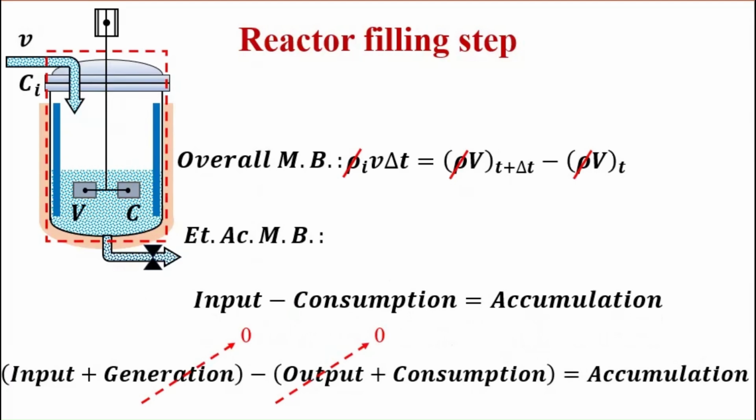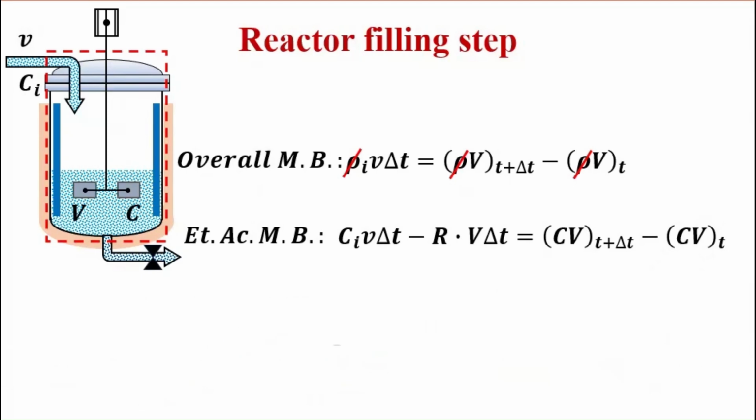Thus, the number of moles of ethyl acetate entering the control volume during the time interval delta t minus the number of moles consumed by the reaction over the same interval is equal to the accumulation. This accumulation corresponds to the difference between the number of moles of ethyl acetate in the control volume at time t plus delta t and at time t.